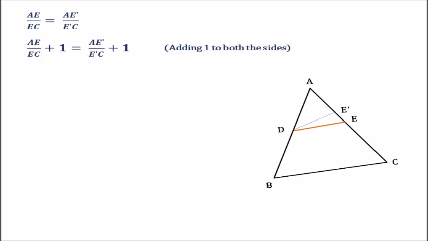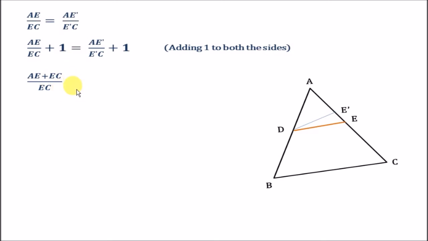On doing so, first on the left hand side, AE by EC plus 1 by 1. EC is the denominator of the first quantity, and since the second is just 1, the denominator is 1 only. LCM of EC and 1 will be EC, and in the numerator we'll have AE plus EC into 1, that is EC.